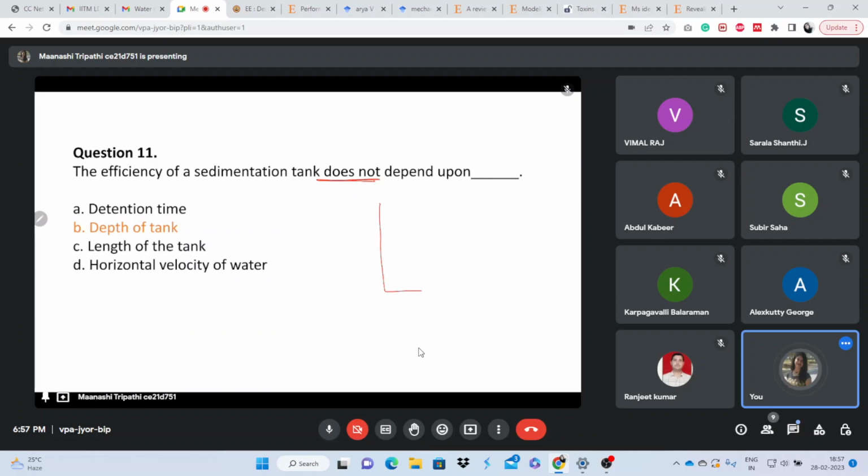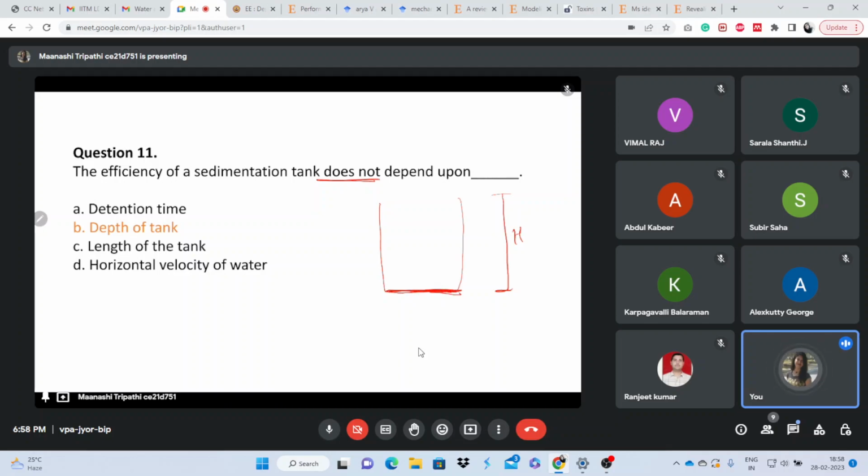I'll draw the diagram. I am keeping the surface area the same, but I want to increase the efficiency. What can I do with this depth to increase the efficiency? I don't want to use any more space.